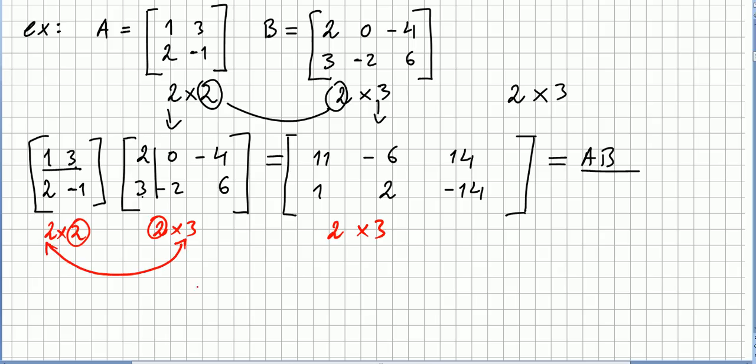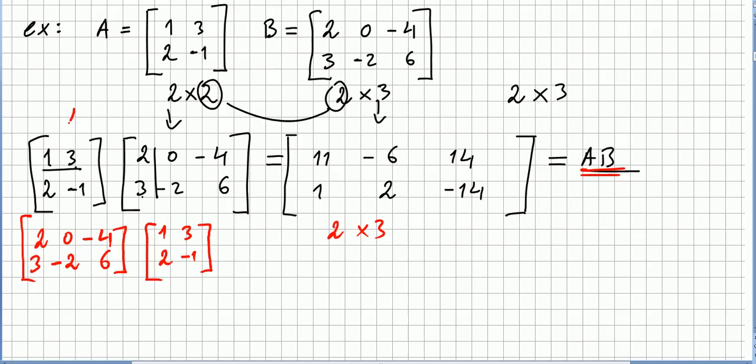Now I would like to call your attention to the fact that you can do A times B, but you cannot do B times A. You see you're doing A times B here, but you cannot do B times A because this is a 2 times 3 dimension matrix and this is a 2 times 2, so this number is not the same.